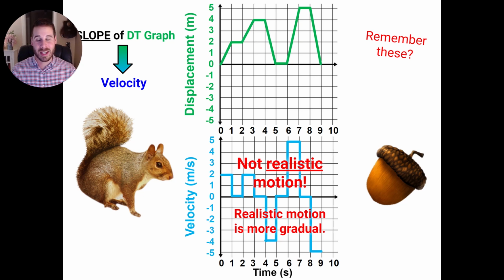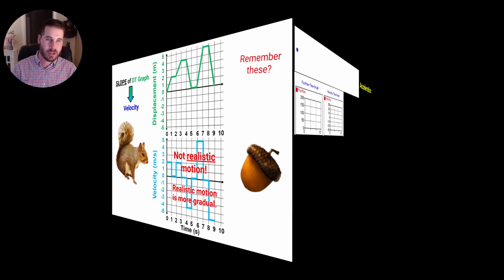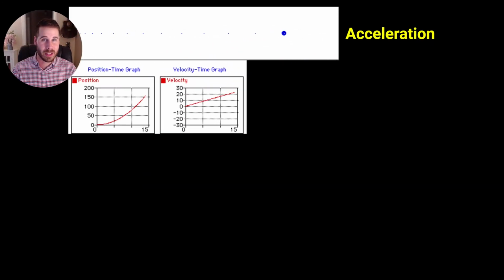Because realistically, even a squirrel who's very spry and able to move very quickly is not going to be able to instantaneously change its velocity. What's more realistic is if graphs are curved or sloped, so that you can show that things gradually speed up and gradually slow down. So I'm going to show you some animations here that represent slightly more realistic speeds and accelerations.